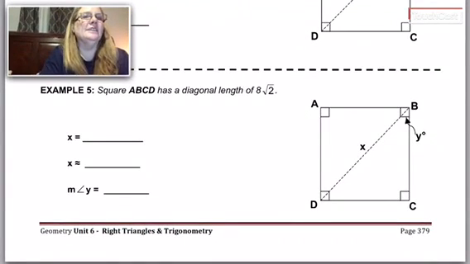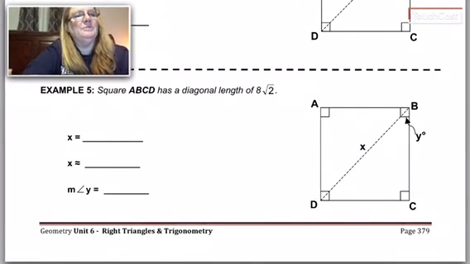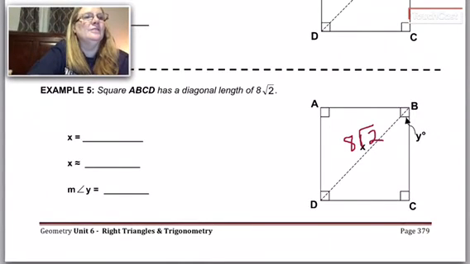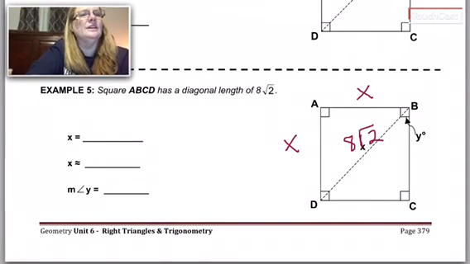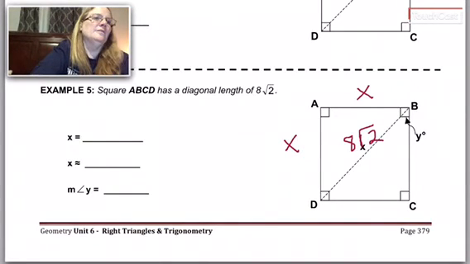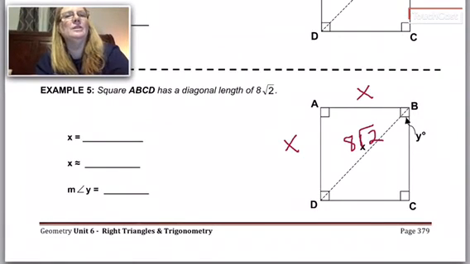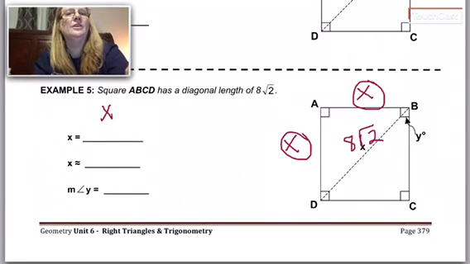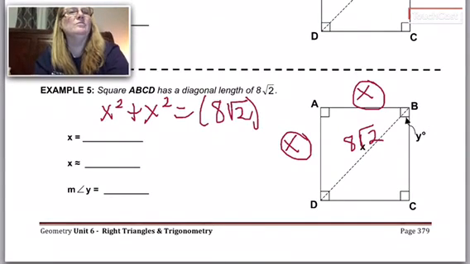We have a diagonal length of 8 times the square root of 2. So maybe you see the pattern already. Now if this is 8 times the square root of 2, what are these going to be? We'll call those x. You might already know, but let's solve it the algebra way. Well, we know that a squared plus b squared, and a and b are both the same because it's a square. So x squared plus x squared equals 8 times the square root of 2, squared.